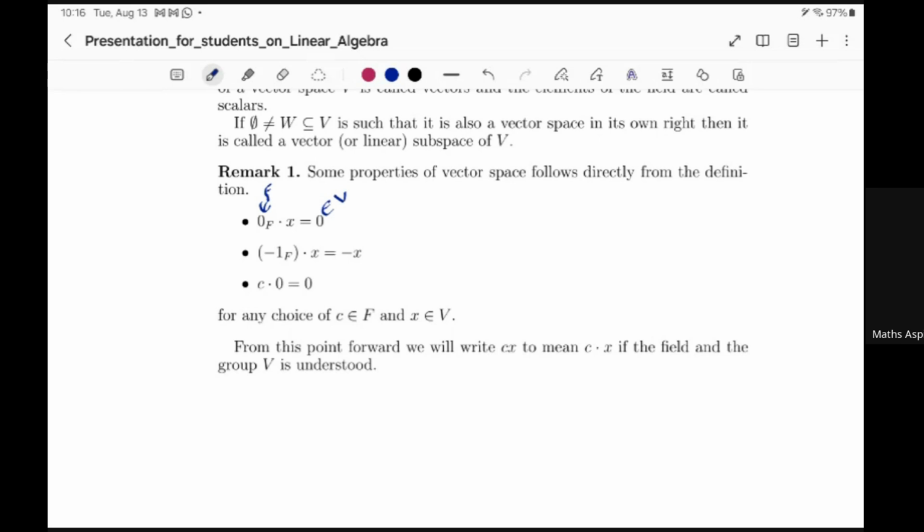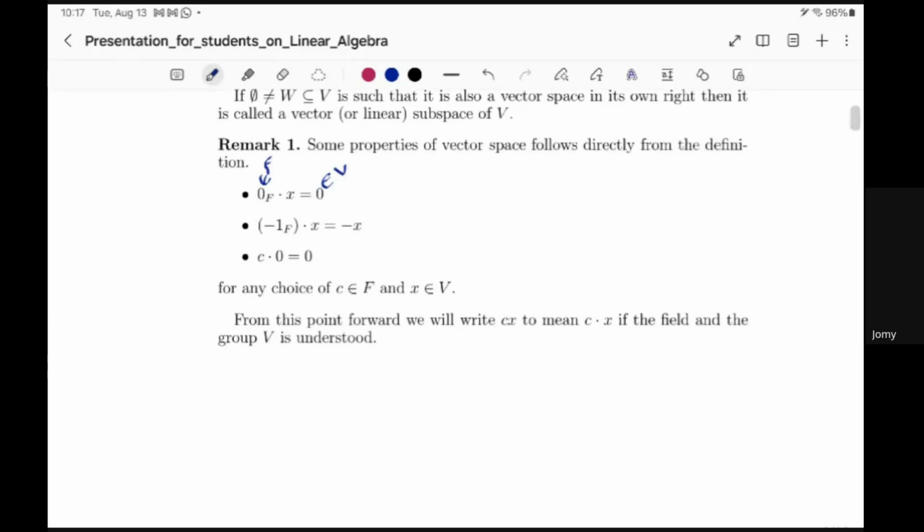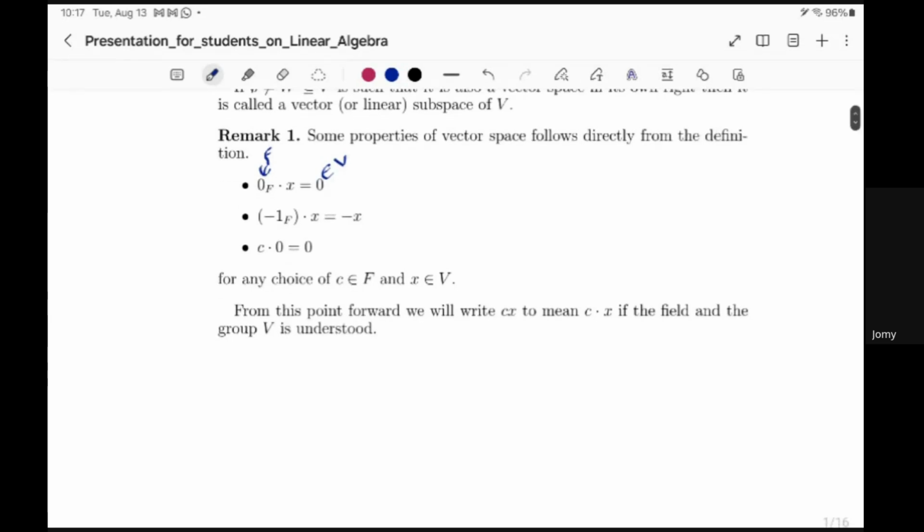Okay, and same goes here. Minus 1 of F, which is just the negative of the multiplicative identity of the field F, times X is going to give you minus X. Well, of course, minus X makes sense because if X is there in the vector space, then minus X is also there, where, of course, by minus X we mean the inverse of the element X. And the same goes for C dot 0, you get back the vector 0.